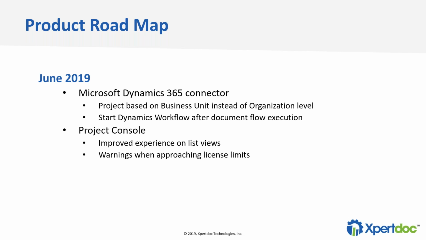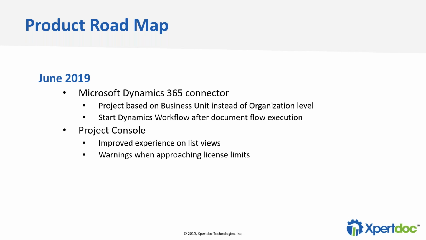The important thing there is that we're going to be able to define a project not against a full CRM org, but against a business unit. Okay, so that means that if you have multiple business units in one organization, you can set up different projects with different templates for each of your business units.